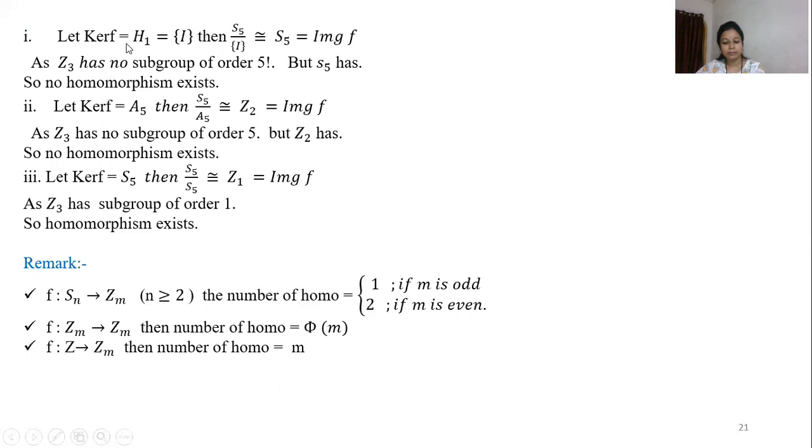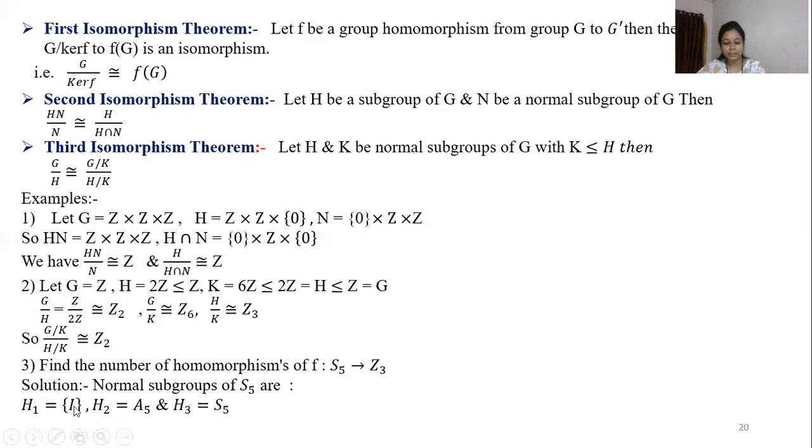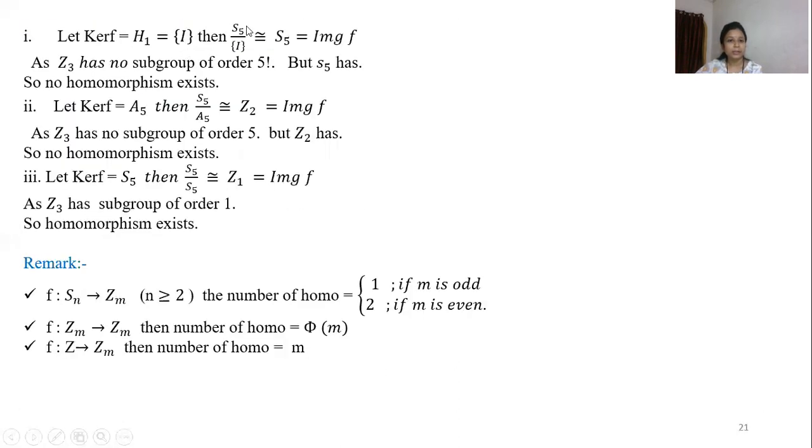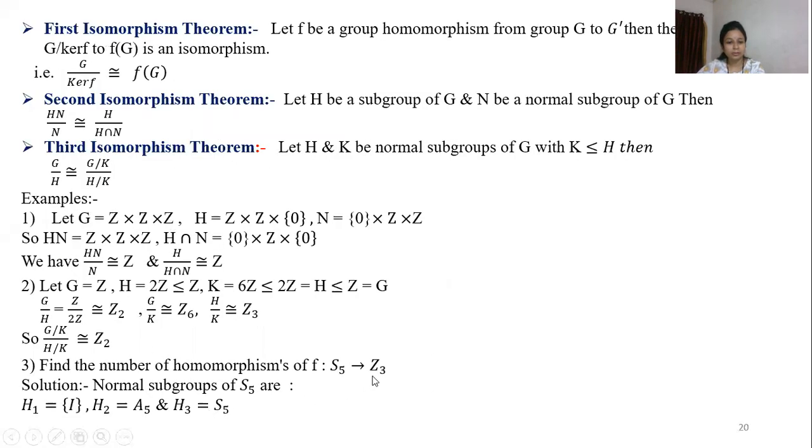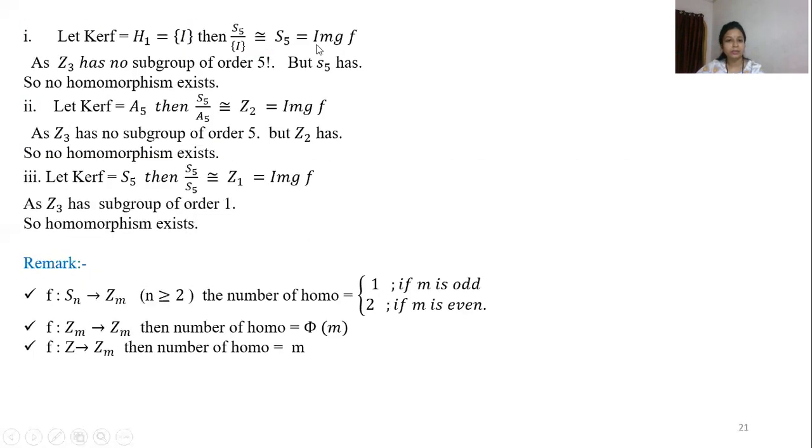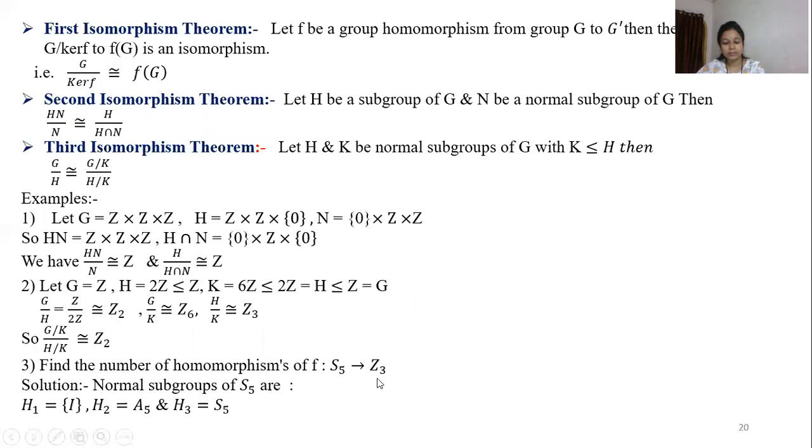If for the kernel we take H1, that is the identity, then S5 upon identity is isomorphic to S5, which is nothing but the image of F. But what is my codomain? In this example, the codomain is Z3. This S5 is the image of F, the range set. This image set, the range set, is always a subgroup of the codomain.